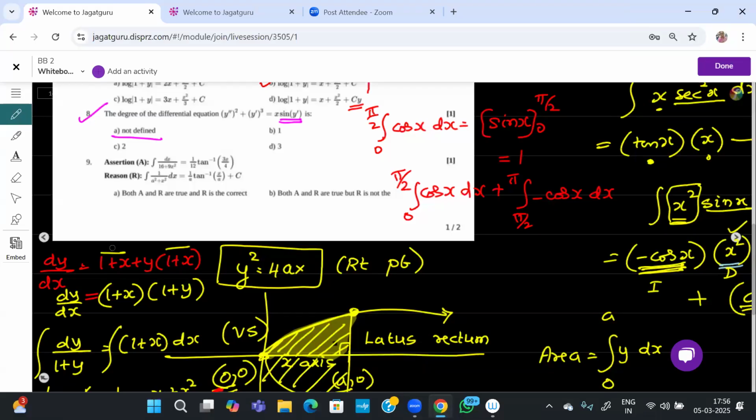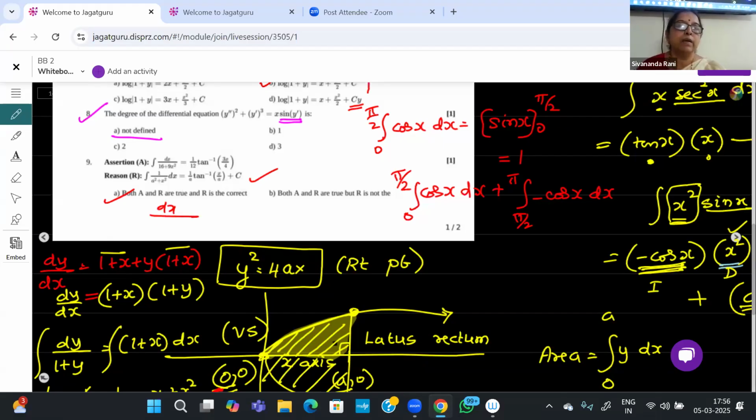So, assertion. A, good job. So this is correct. Reason is obviously correct. And dx by 4 square plus 3x the whole square, right? So what will be the result? 1 by a tan inverse of x by a.